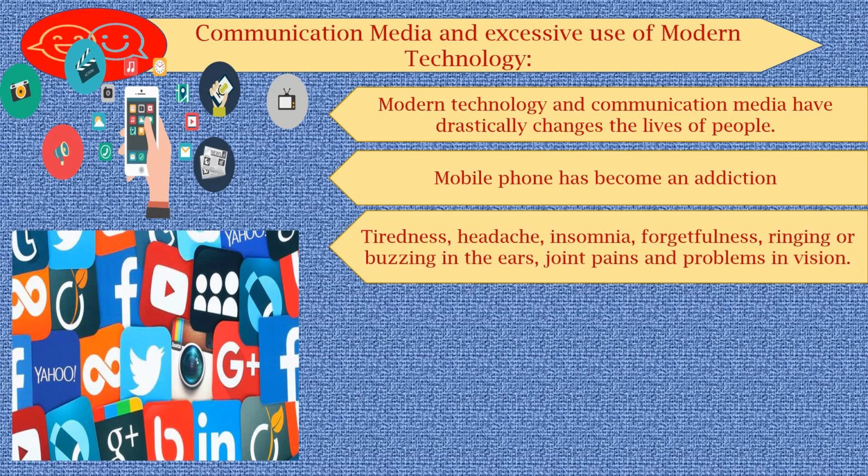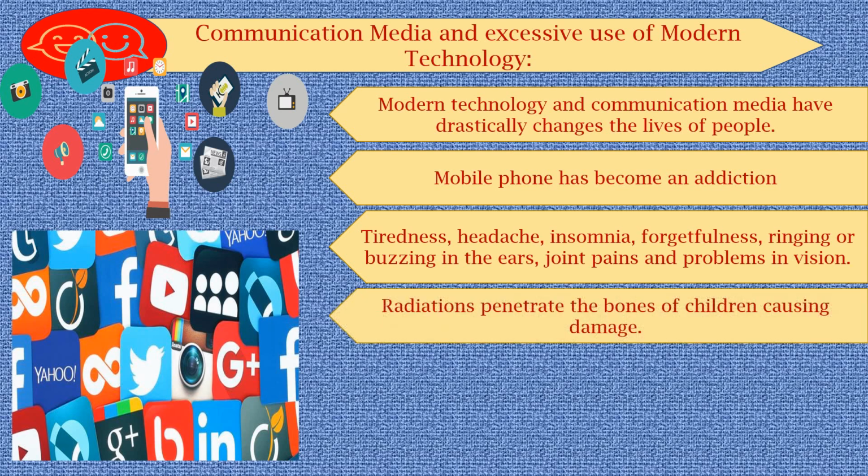Due to addiction to electronic media, various physical problems like tiredness, headache, insomnia, that is inability to sleep, forgetfulness, ringing or buzzing in the ears, joint pains and problems in vision are on the rise. This may be due to the radiation of cell phones. Such radiation penetrates the bones of children, causing damage.